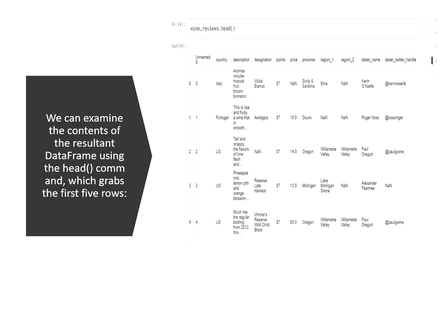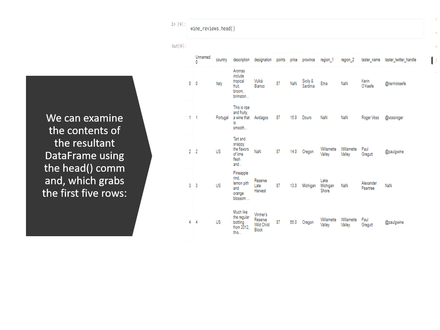Now let's see another function we mentioned before, the head function. wine_reviews is the name of our data frame. .head will display the first 5 rows of data, so we can see what's in the file.